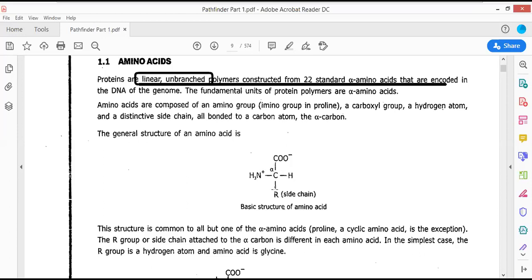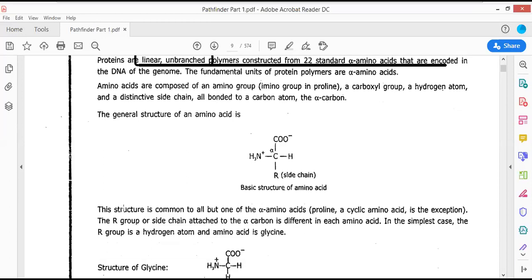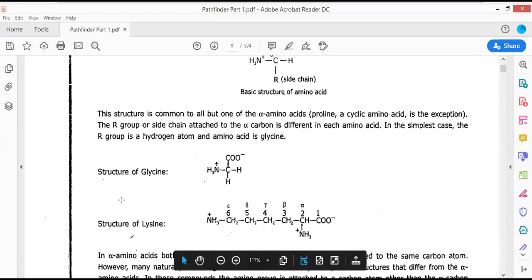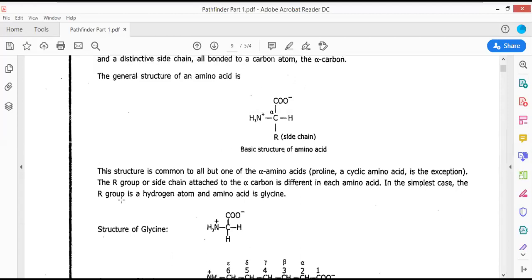Now the most important thing is how these amino acids form a complex structure, that of protein. The structure is common to all, but there is one exceptional amino acid residue which does not follow the classical definition of amino acids. That means the carbon there is not chiral in nature. That amino acid is referred to as glycine.